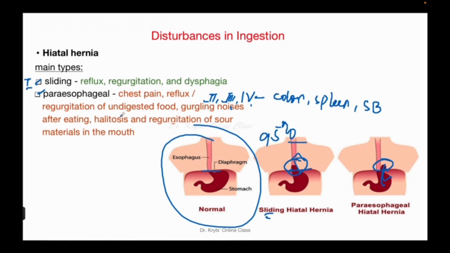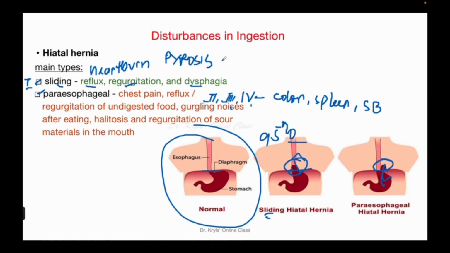Let's go to the clinical manifestations. For sliding hernia, one is reflux or heartburn. That is one of the things the patient will feel, along with regurgitation and dysphagia. In some other references, pyrosis is included. But many patients with type 1 are asymptomatic.